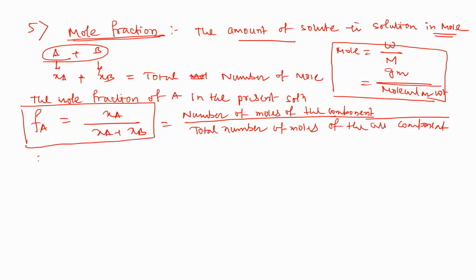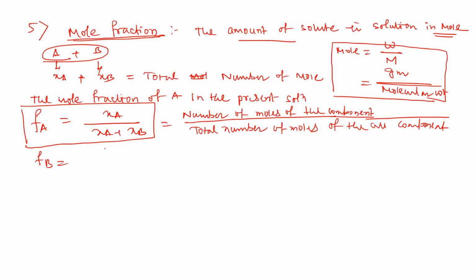Okay, so in this way we can also say for the B component it will be XB by XA plus XB. So here there are two components, so there is no problem.